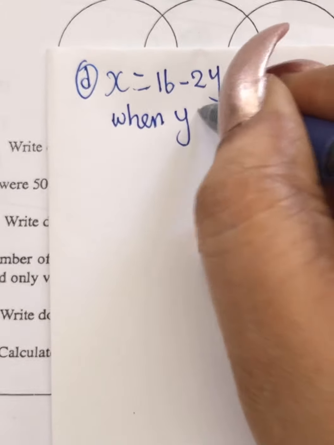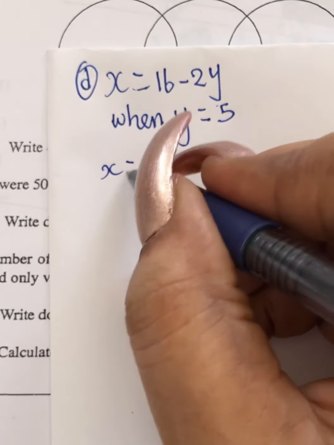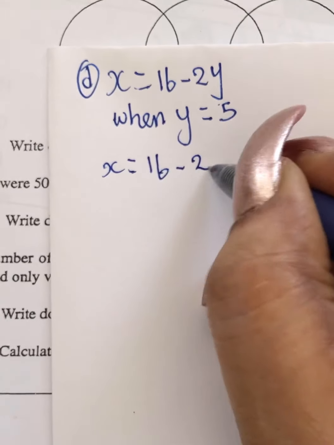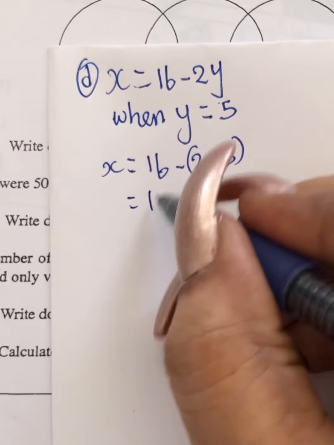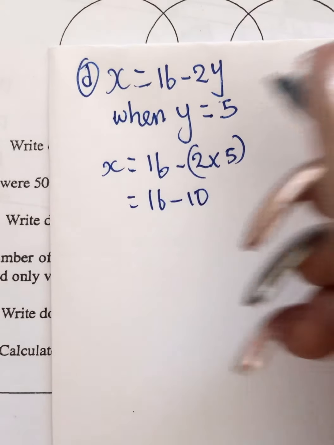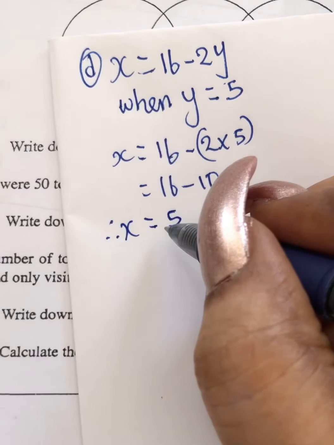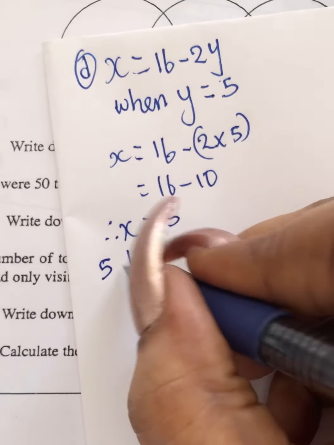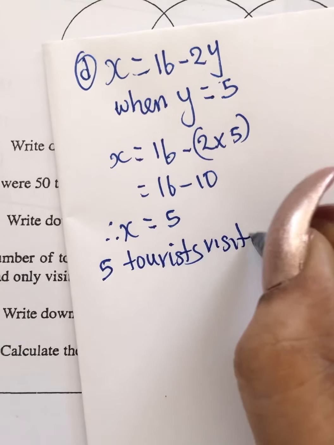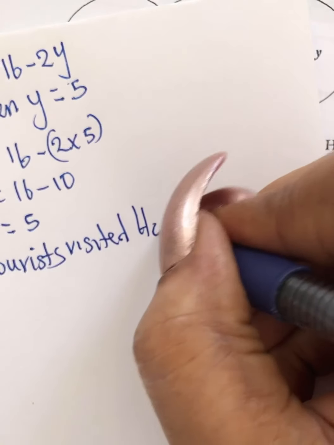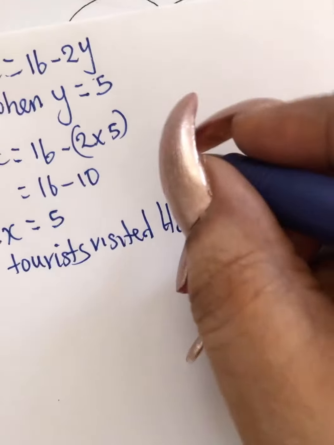When y is equal to 5, x is equal to 16 minus 2 times 5. Therefore, so we can say tourists visited France.